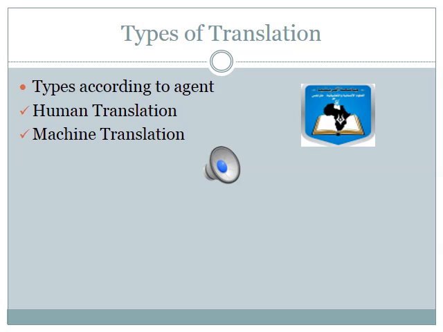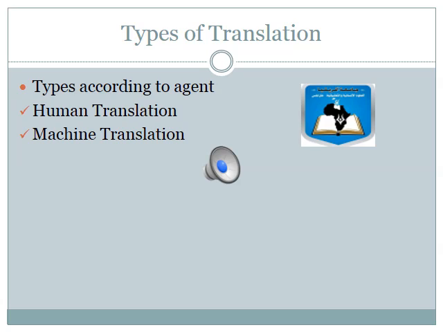We're going to talk about the agent performing the translation, that's the types according to agent, and the language medium, later in the second slide, the subject matter, and the method of translation. We get to know all these in much detail.